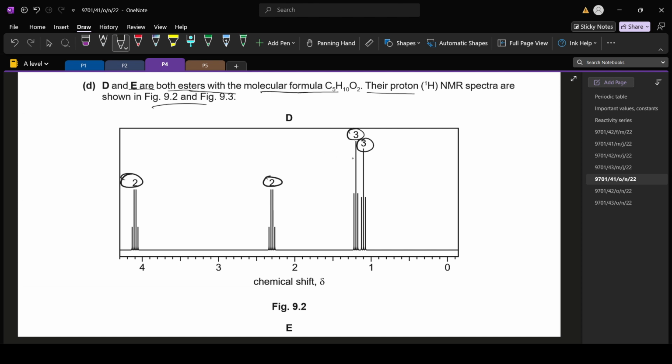Now you have a triplet, and there are two triplets, so you can actually say that there will be two CH3 groups attached to CH2 groups, because these three hydrogens of CH2 CH3 will show a triplet, as there are two hydrogens on the adjacent carbon.